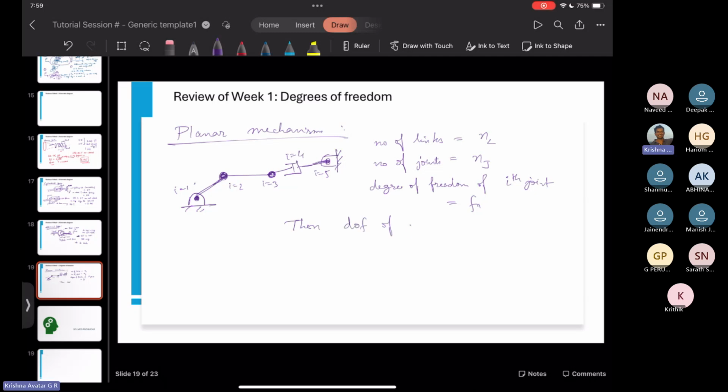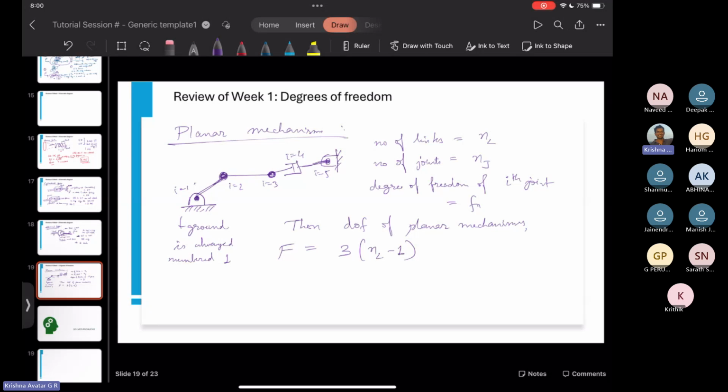Then the degree of freedom of planar mechanisms is equal to 3 into (NL minus 1). In any such mechanism, the ground is always numbered 1.